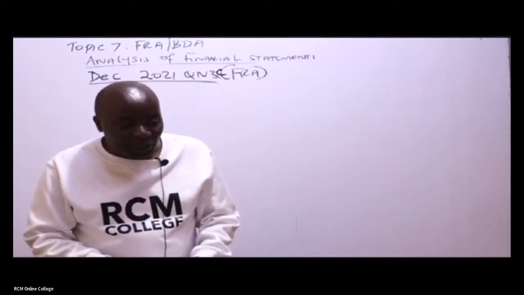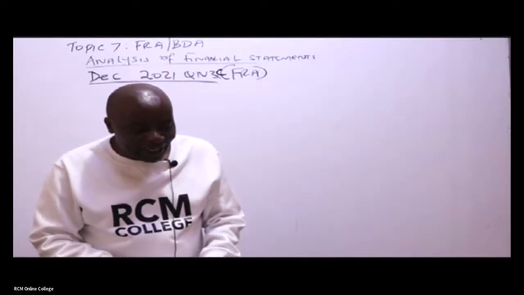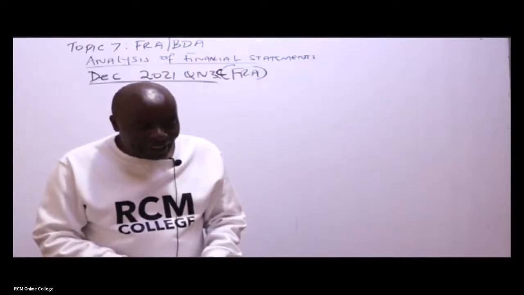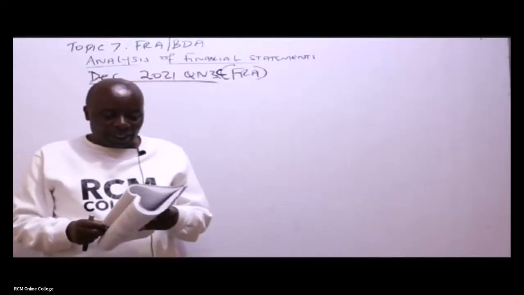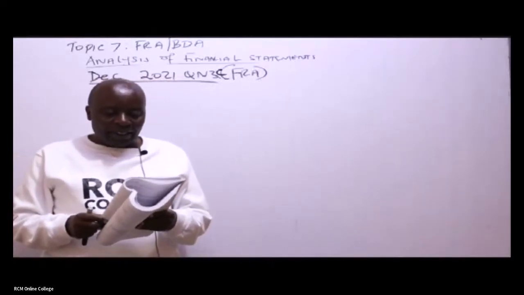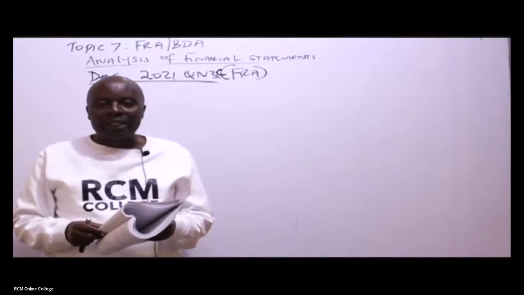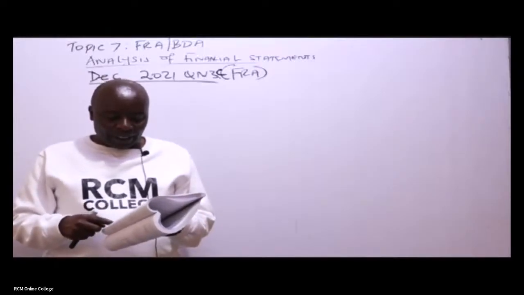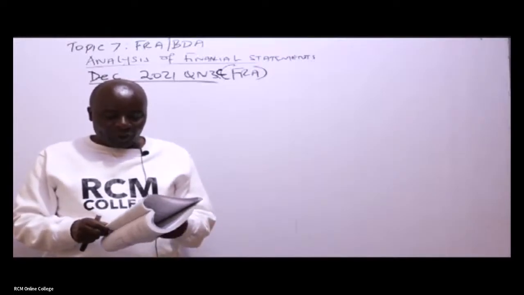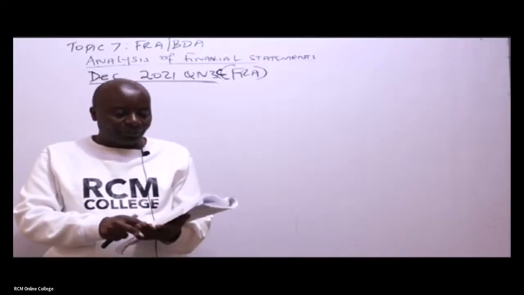Yes, somebody has already shared. Pius has done it, so pick it from there. We are told the following are extracts of financial statements from the books of Zawadi Limited. I can see sales revenue and the extracts of the statement of financial position as at 30th April.